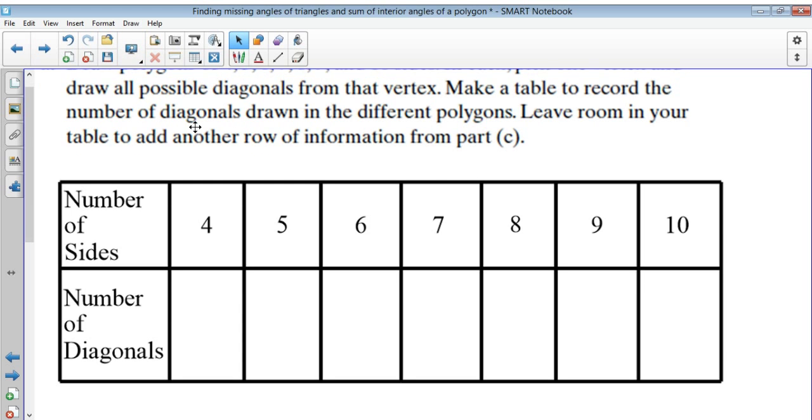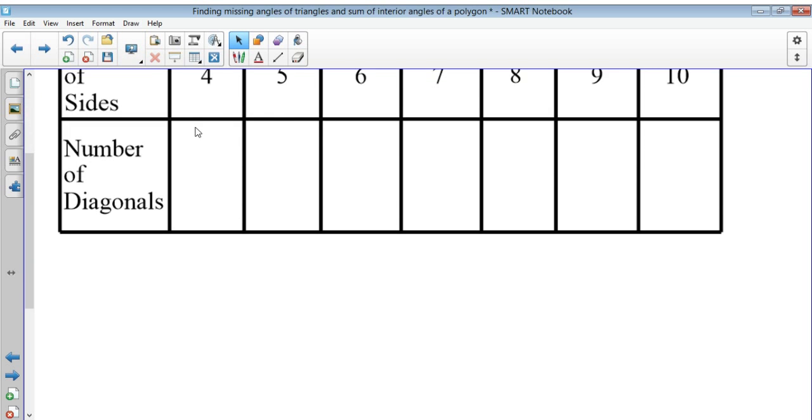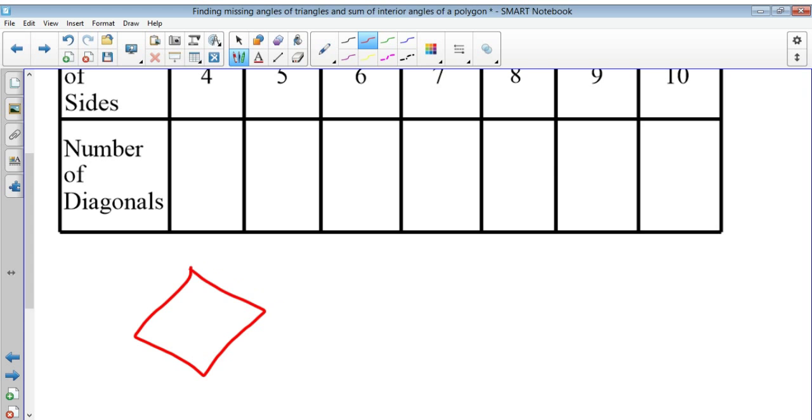Okay, so we're going to start with 4 sides. I'm going to draw a polygon with 4 sides. 1, 2, 3, 4, and I'm going to pick a point and draw a diagonal, and that's the only diagonal I can draw. We're not doing it from every vertex, just one vertex.